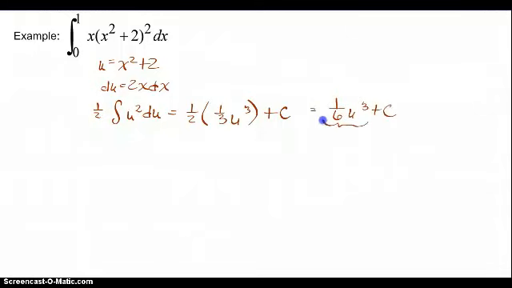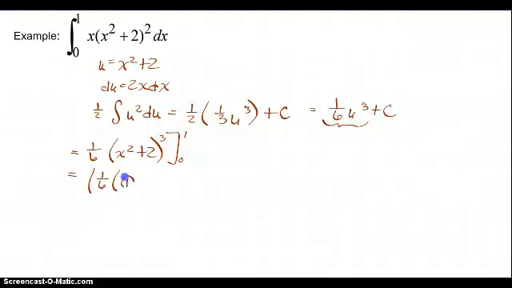Now I have identified my antiderivative function. I'm going to come back here, substitute back into the original variable, and apply the fundamental theorem. So this is 1/6 (1 squared plus 2) cubed minus 1/6 (0 squared plus 2) cubed.